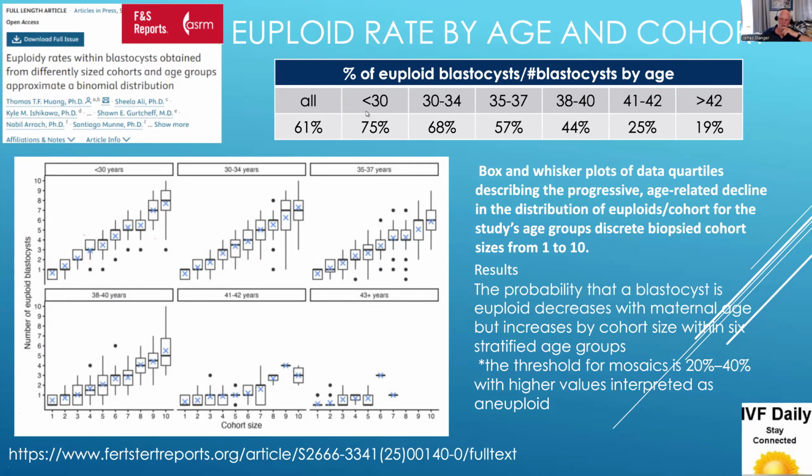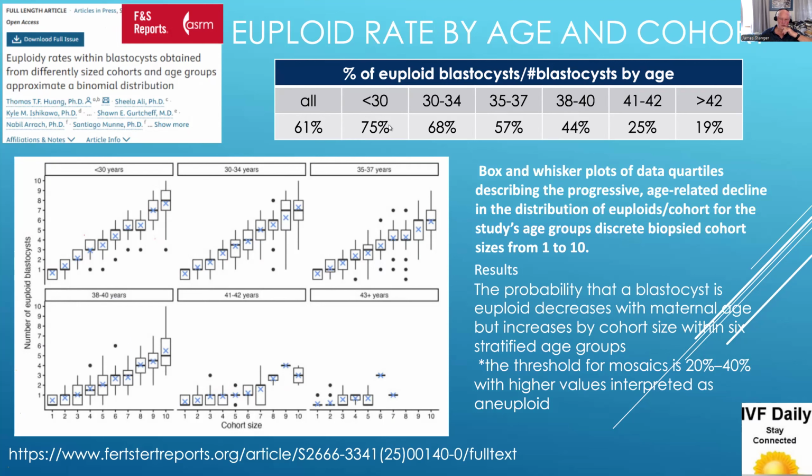I've summarized another table they had, just looking at the number of euploid blastocysts per blastocyst biopsied by age. Overall, they were reporting 61% euploid blastocysts per blastocyst. So they're saying almost two-thirds of all embryos biopsied will be euploid.